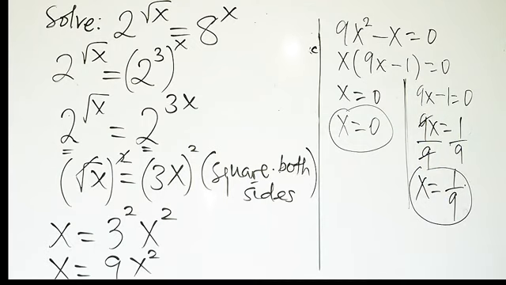Okay, so that is going to be the end of the class, but we can actually check whether we are right or not. So picking our two values of x, let me put this down.